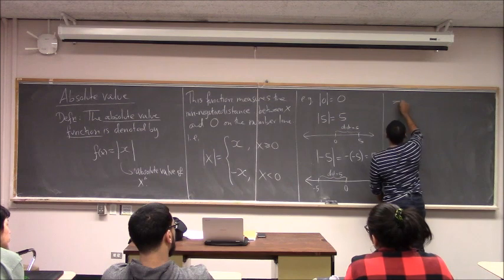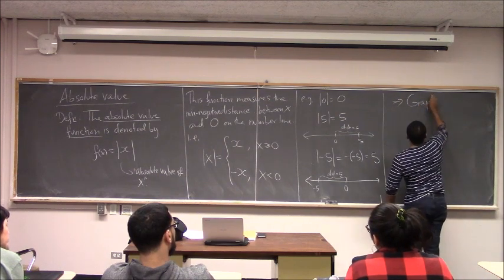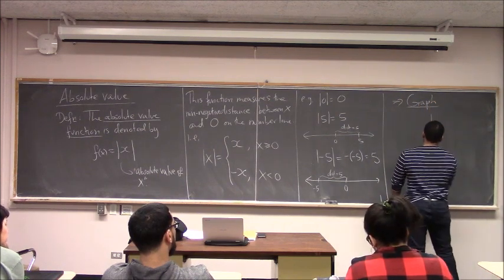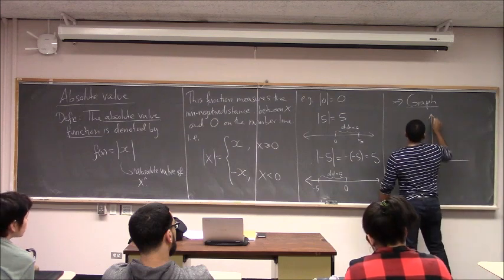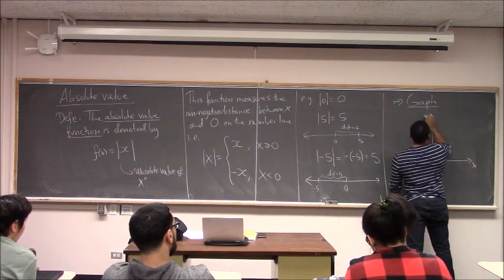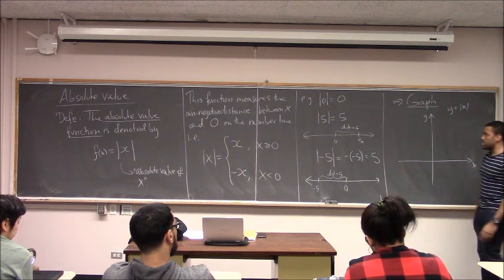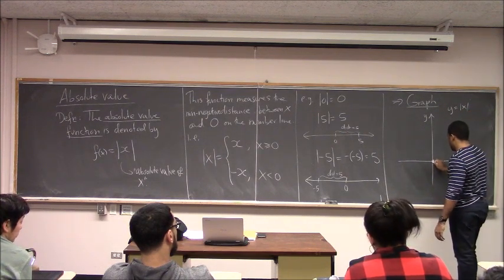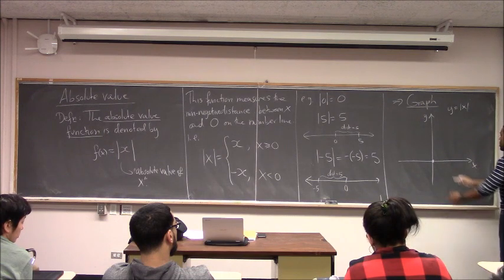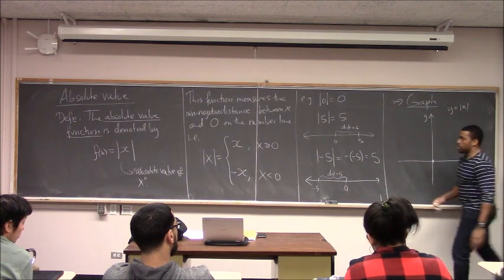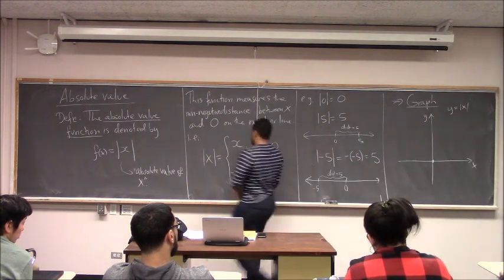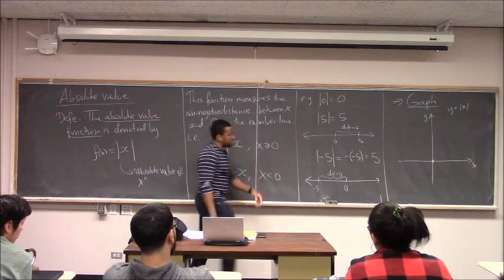This means that the graph is the following. So look at y equals absolute value of x. Now if your x is 0, it outputs 0. Now as long as your x is positive, it outputs x. In other words, y is equal to x when x is positive.